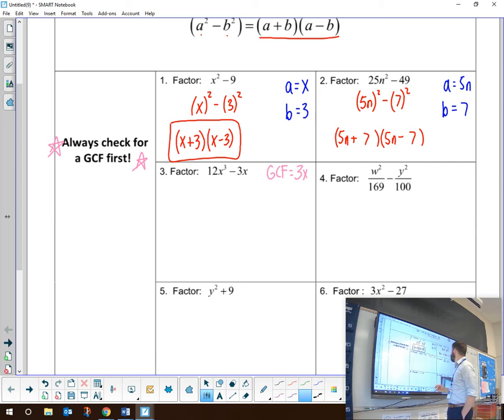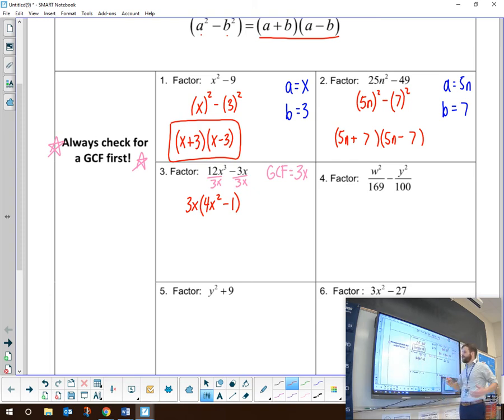So we're going to have to pull out a 3x first. We're going to divide this by 3x, divide this by 3x, and so we're going to get 3x times, in my parentheses, 4x squared minus 1.